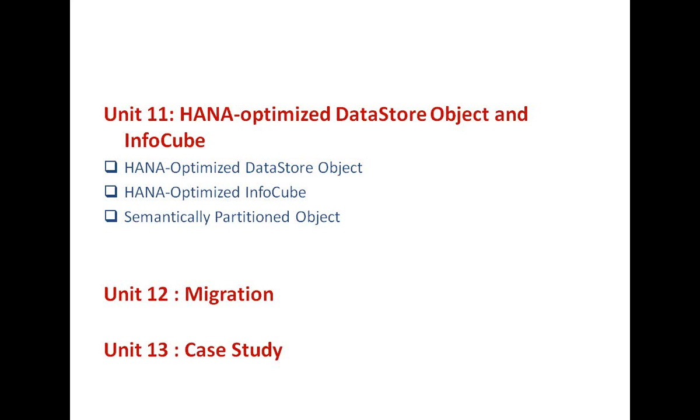In the end, as part of BW on HANA, as most of the users are from a BW background, we'll discuss as an overview how we are going to do the modeling part with respect to your data store objects and InfoCubes based on HANA. We'll have an overview of these new concepts: semantically partitioned objects, HANA optimized InfoCubes, and HANA optimized DSOs, and how these get created.